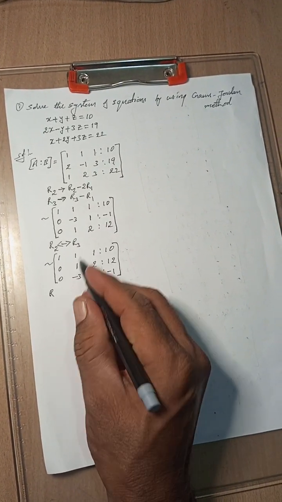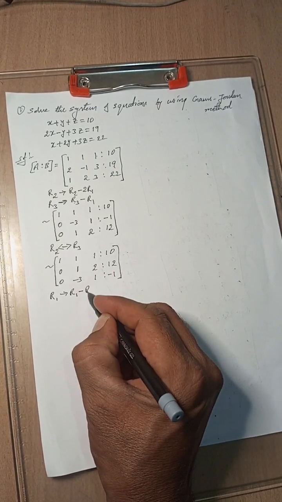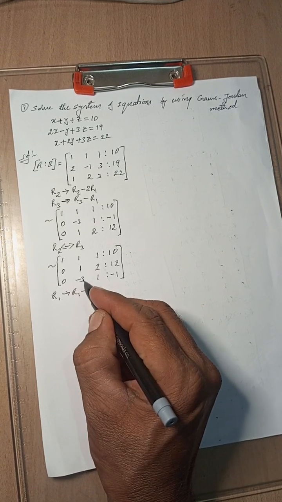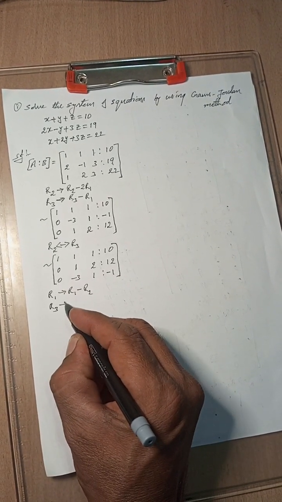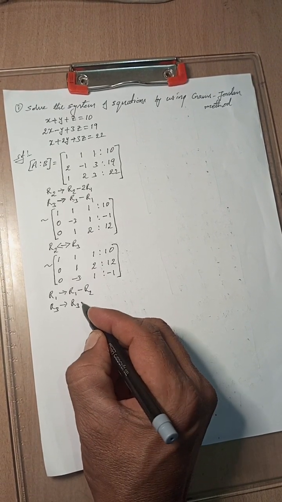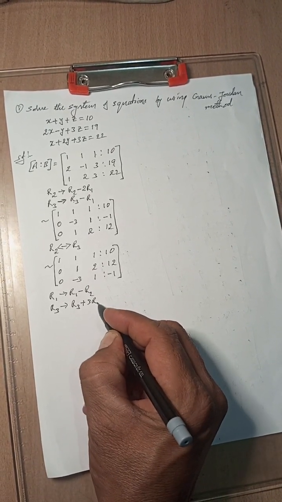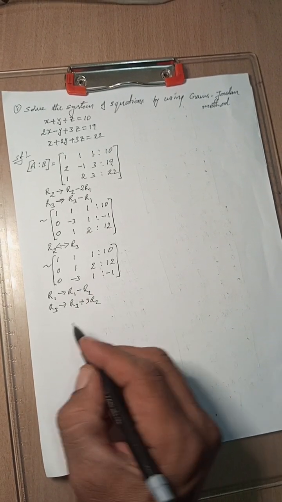For that operation I change the first row, R1 changing as R1 minus R2. Using this only, you make this to be 0. Similarly, simultaneously we make the element in the third row 0, that is R3 plus 3 times R2. Multiply 3 to this, adding with this becomes 0.